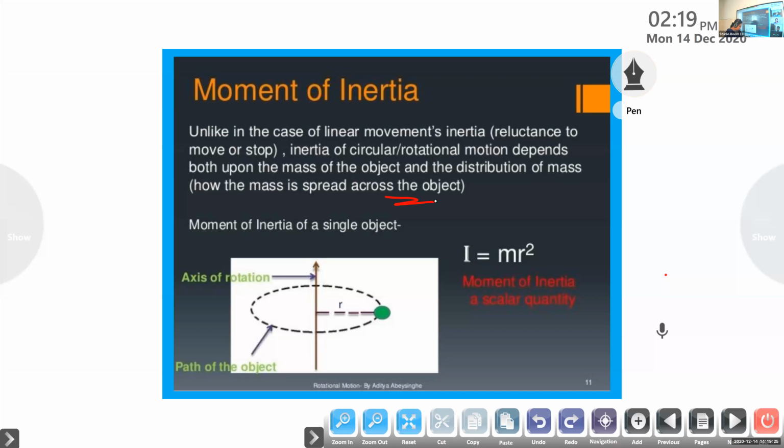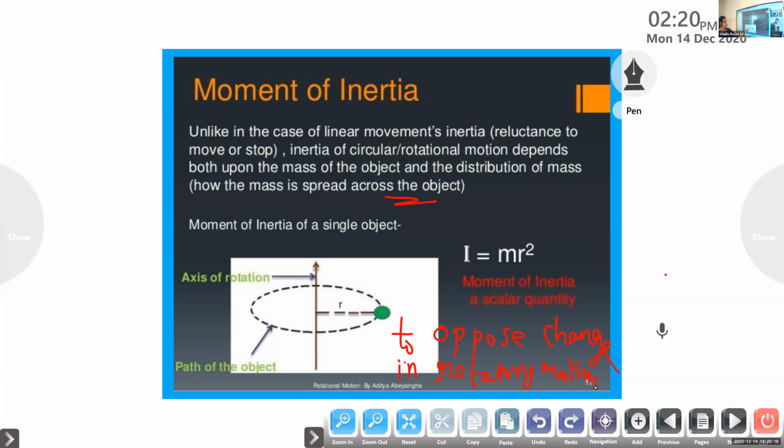You write: it is a property of a rigid body to oppose change in rotatory motion about an axis.